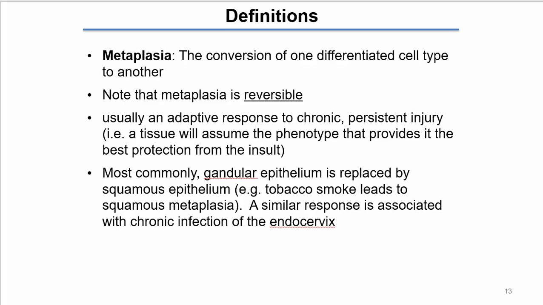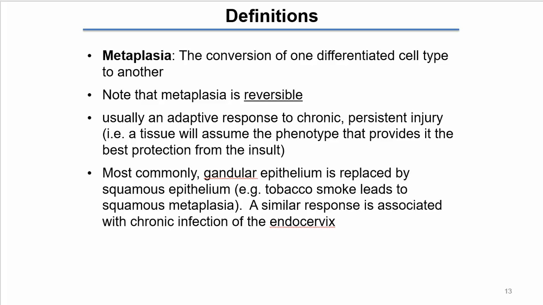So what happens if the function changes? We get something called metaplasia. Now, metaplasia is the conversion of one differentiated cell type into another. Now, it's not the individual cells that change, but their progeny change. And over time, this metaplasia happens.